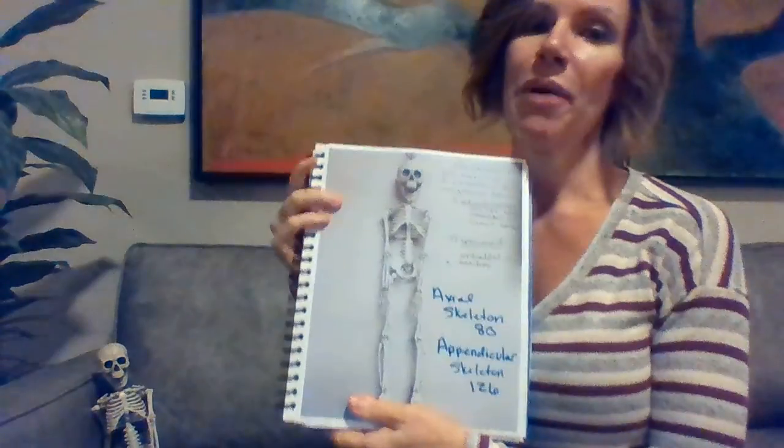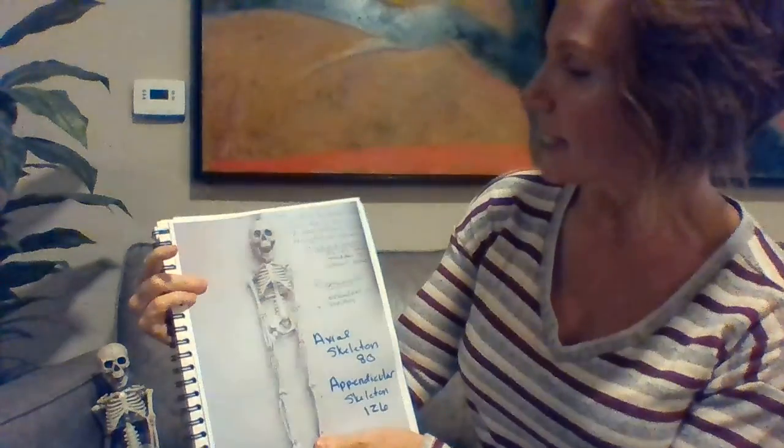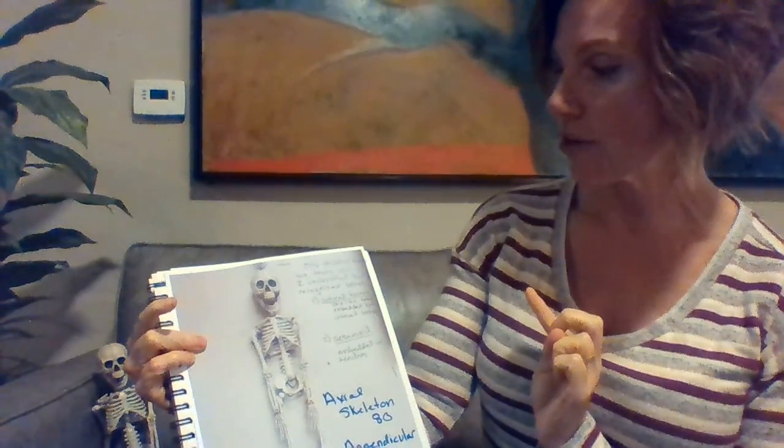So the skeleton is actually made up of 206 classified bones. There are 2 recognized unclassified bones, and they are considered the sutural bones, and those are kind of chip-like bones embedded right where the cranial bones come together.